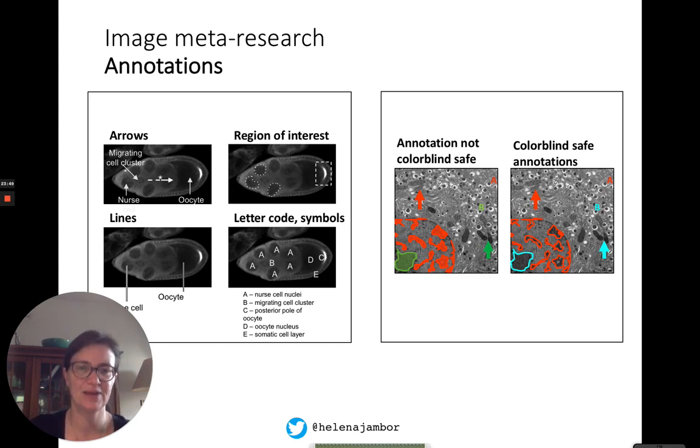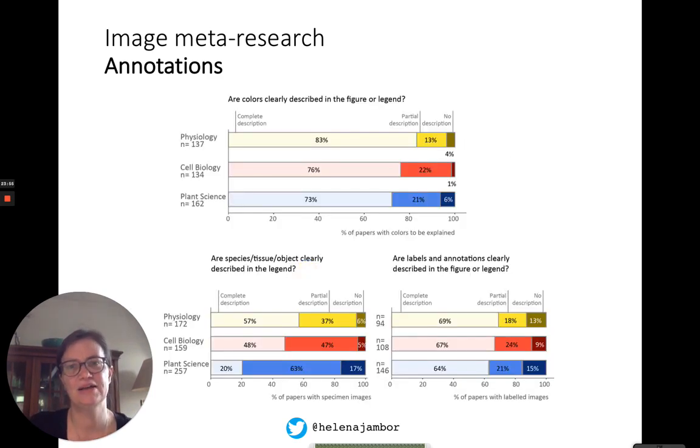I will not go into the details now of every aspect here, but just to summarize, the three questions that we screened were whether the colors are clearly described in the figure or the legend. So is the annotation of the color complete? We also asked if all the species and tissues and objects are actually described in the legend.